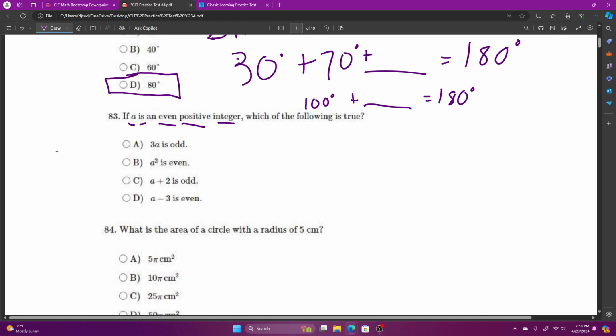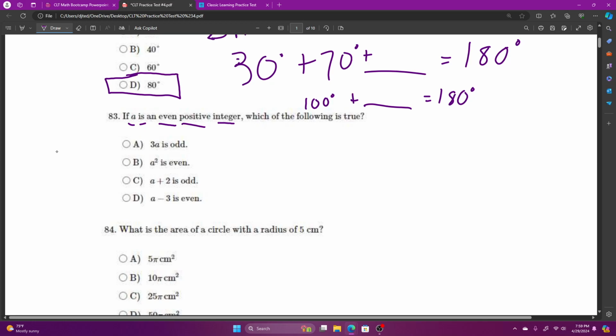A is an even positive integer. Well, what's an example of an even positive integer? Integer just means like a number, okay?